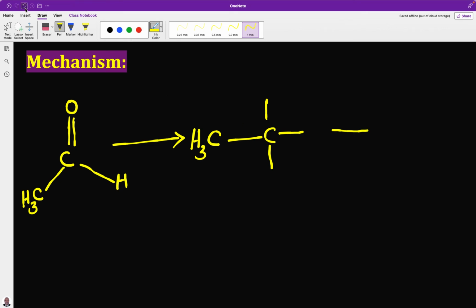Here we have oxygen with a negative charge. Our nucleophile is supposed to be here, attached to this bond. The hydrogen was initially there.